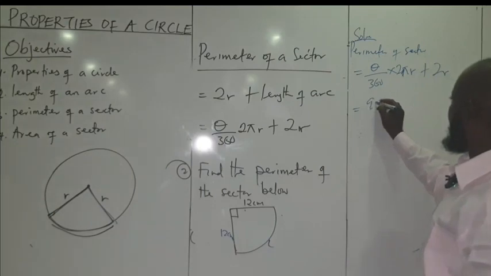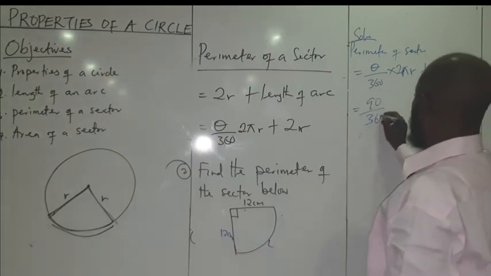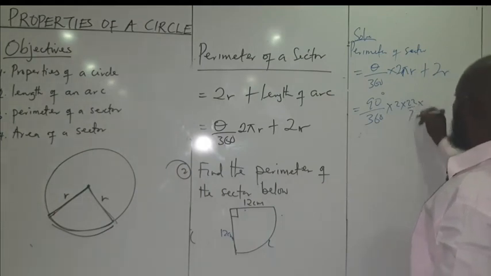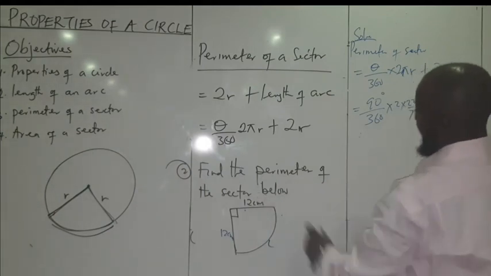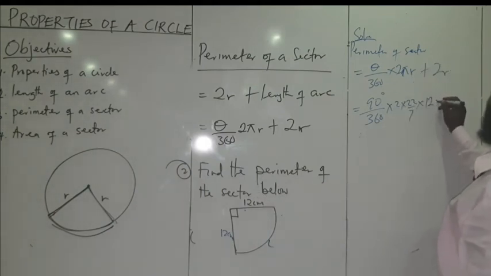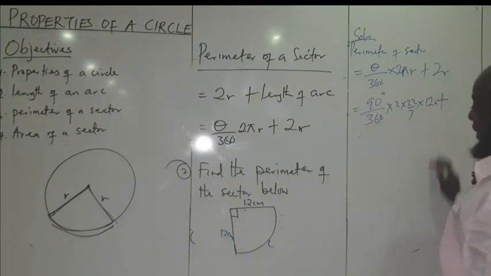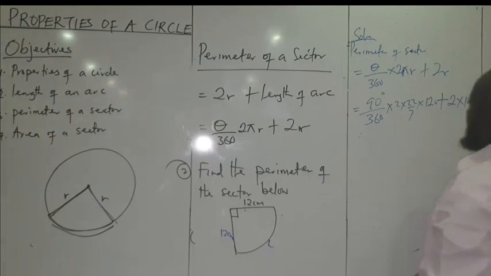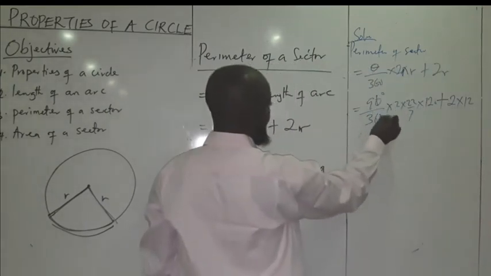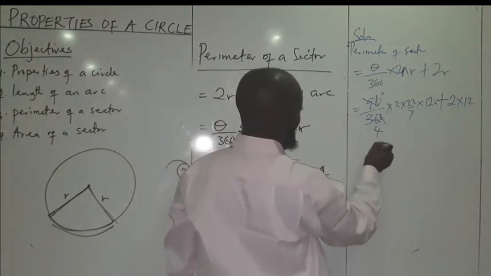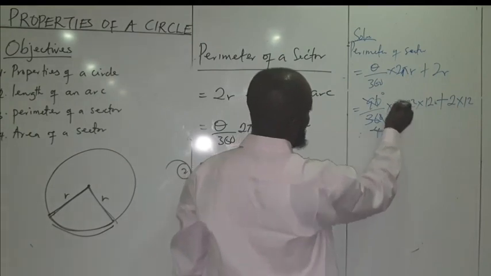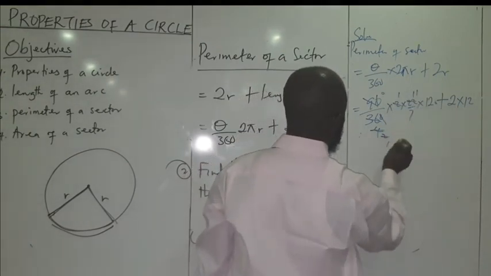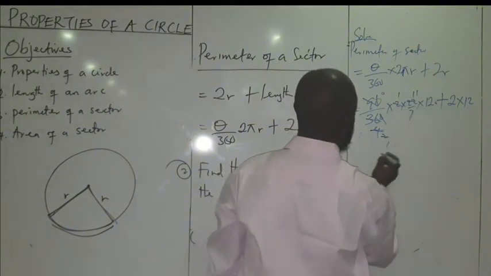That is 90 divided by 360 degrees times 2 times 22/7 times radius, that is 12, plus, this is plus, not times, 2r. That is 2 multiplied by 12. So we can cut this, 9 here 1, 9 here 4. Alright? 2 here 2, 2 here 1, 2 here 1, 2 here 11. So here we have 11 times what? 12.